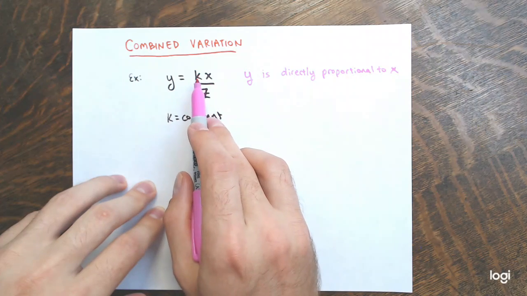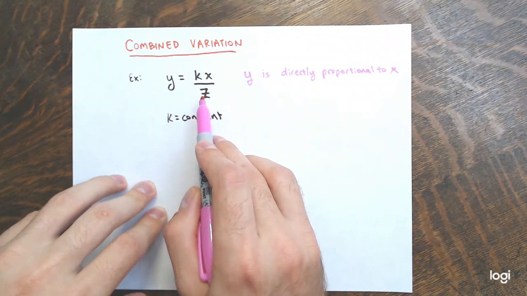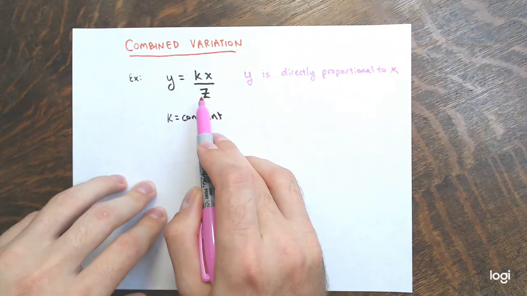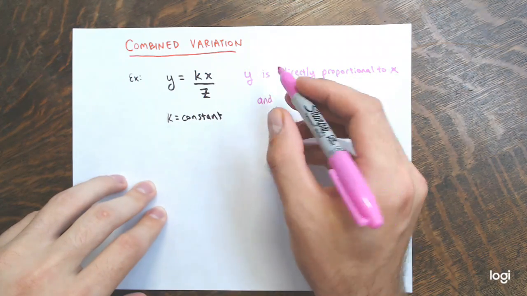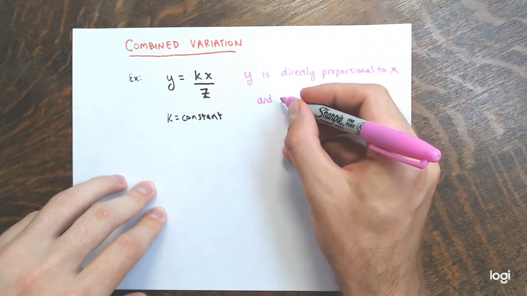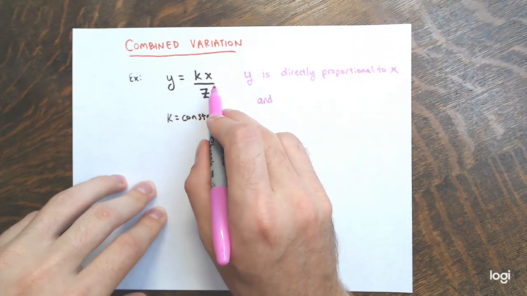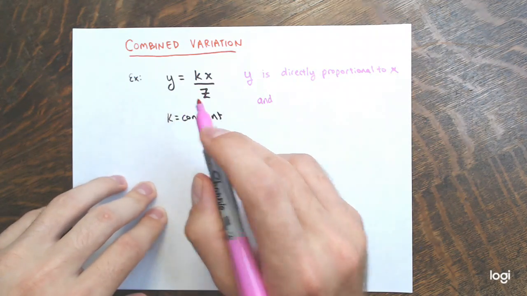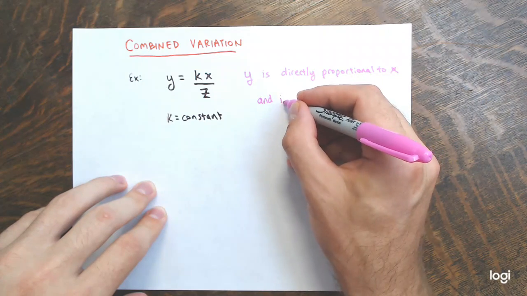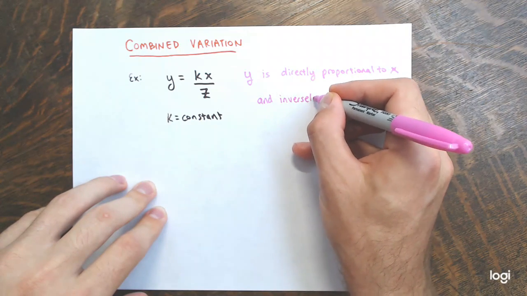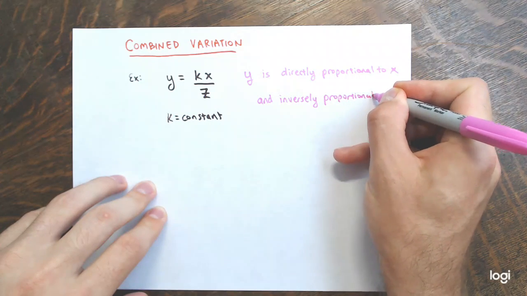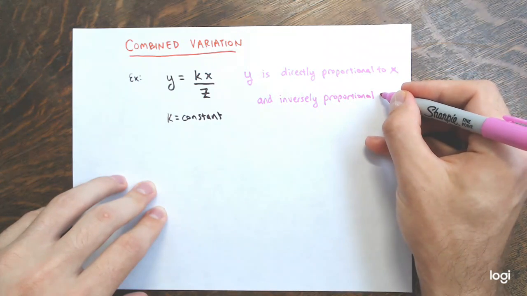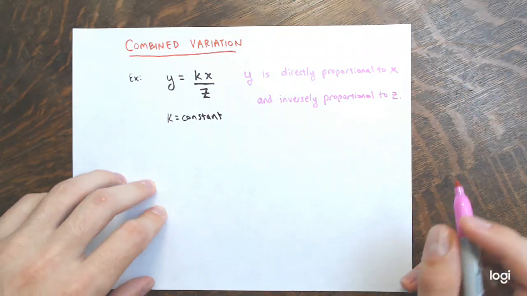But you also have a constant divided by a variable going on here too. So it's directly proportional to x and inversely proportional, right? Remember when you have the constant divided by a quantity, there's inverse variation, or it varies inversely with z.